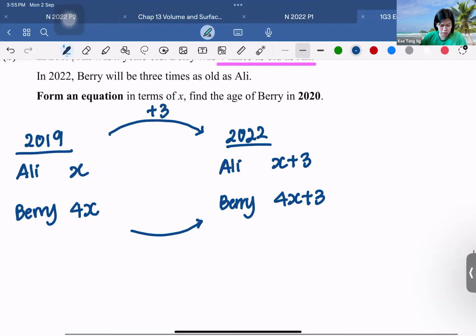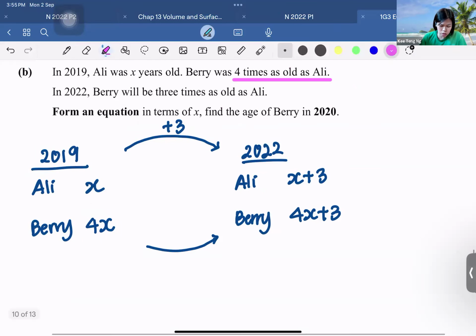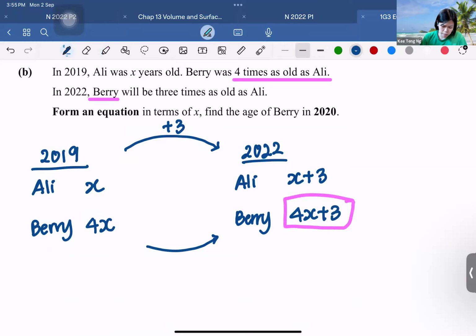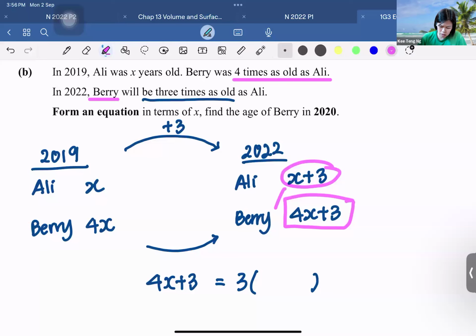Then what happens in 2020? The additional information says that Barry's age will be 3 times Ali's age.